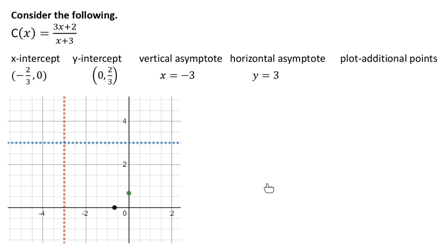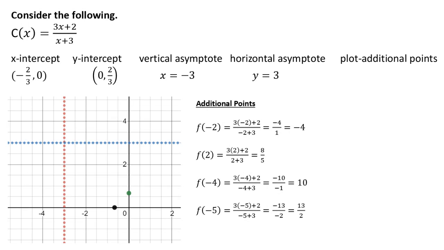So I only have very little to try to make a decision on what my graph should look like. That's why the additional points are important. And so I'm going to use negative 2. Notice that negative 2 is here, but it helps me to figure out what's going on with my graph on this side. And I'm going to use positive 2 just so I can know what's going on on this side as well.